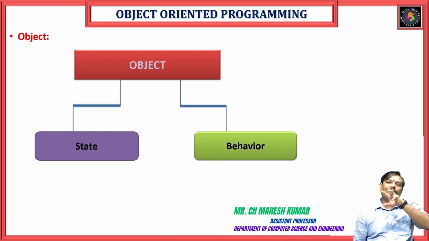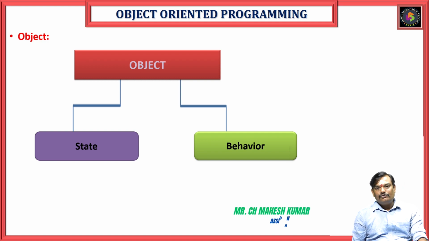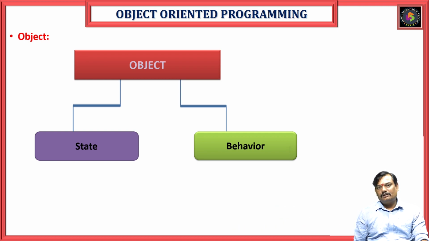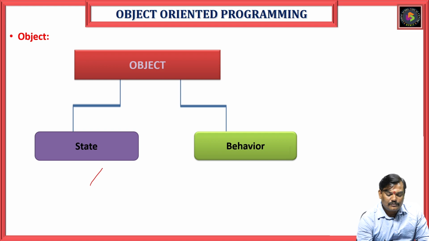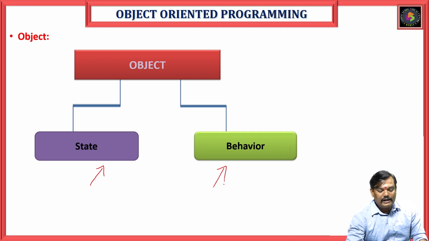When we take any real-time object, for example a fan, it is a real-world object that will have a state and a behavior. So what do we mean by state and behavior? We have to understand that carefully. The state of an object describes the object.